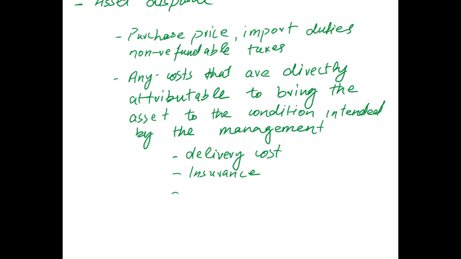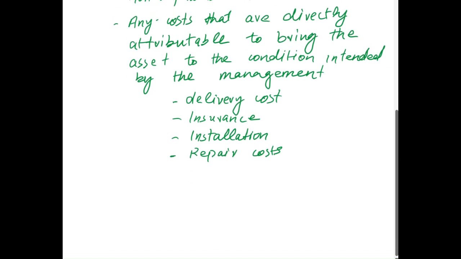Other stuff that gets included could be installation costs. Repair costs, that is a bit tricky. So the repair costs get included if they enhance the life of an asset.